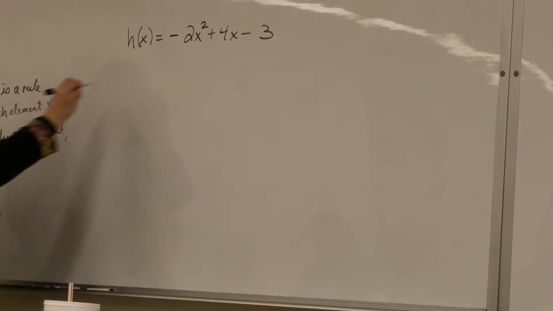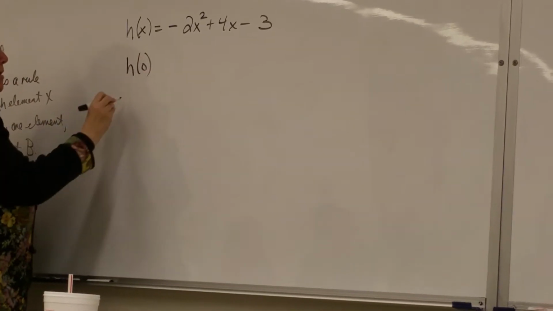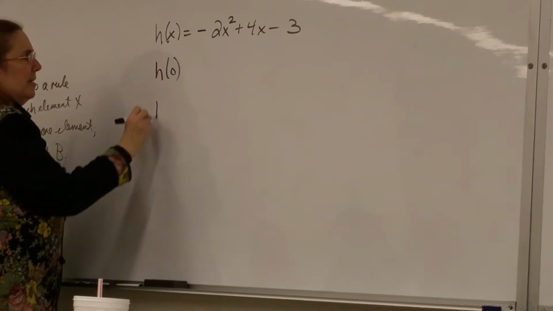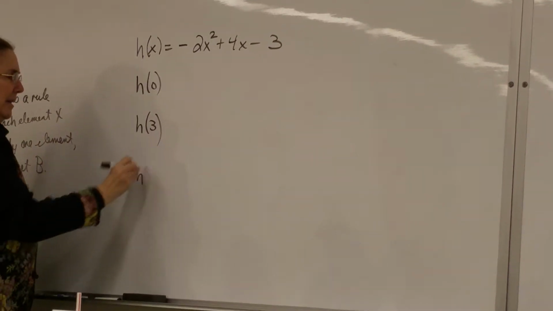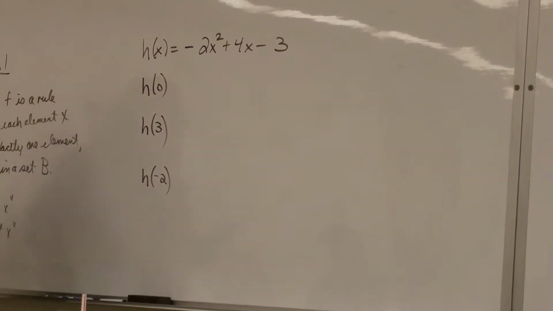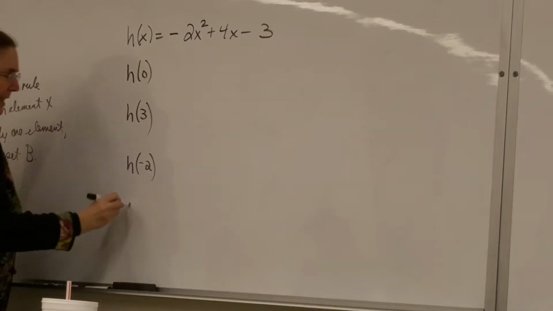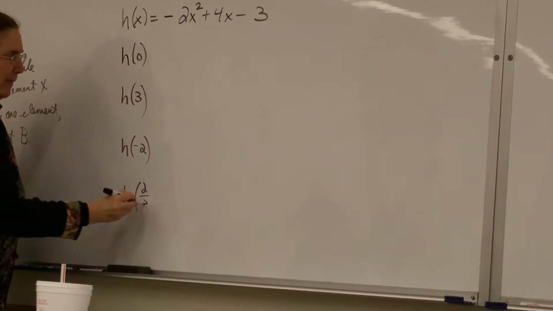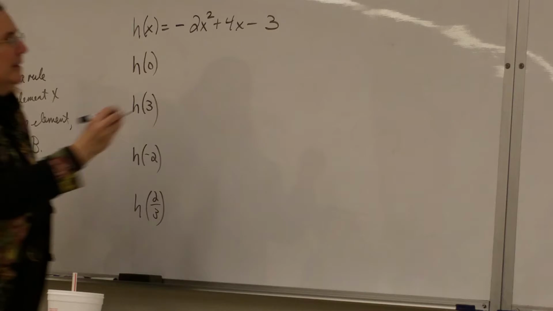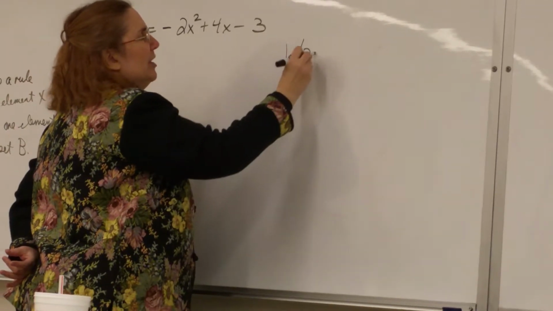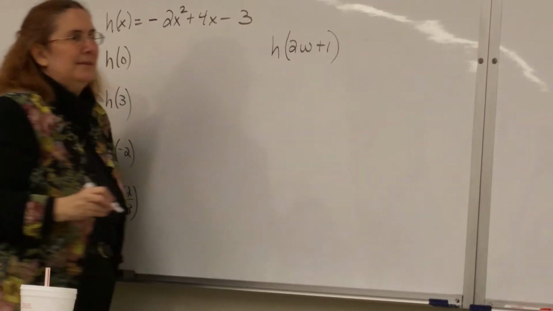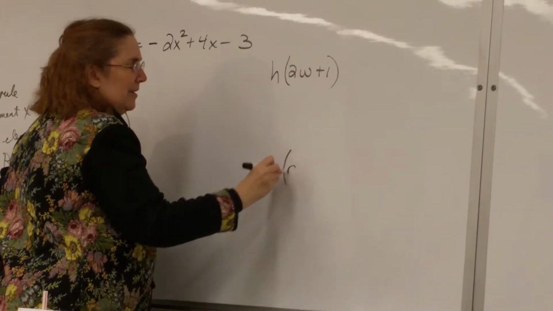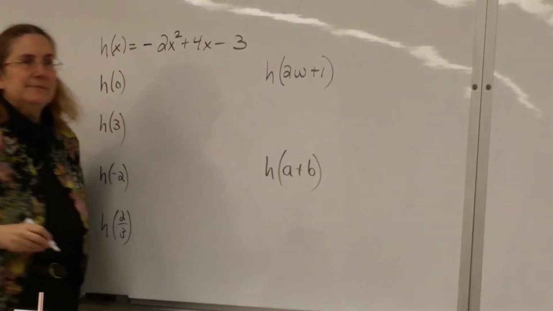Let's find h of 0, h of 3, h of negative 2, h of 2/3, h of 2w plus 1, and h of a plus b.